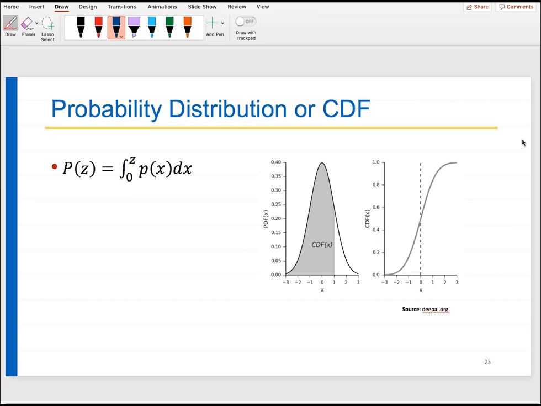Now what is the probability distribution function? The probability distribution function is the probability that x is less than z, right? Actually, the lower limit should have been not 0 but minus infinity.